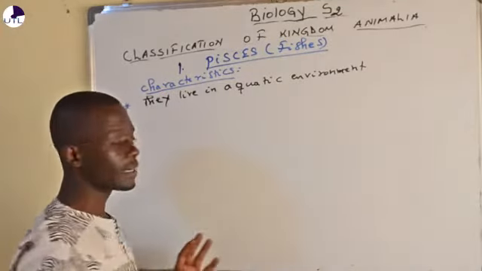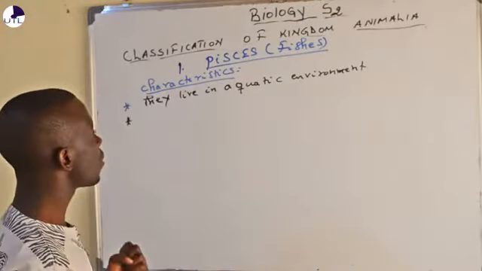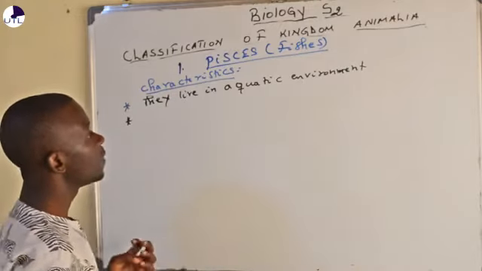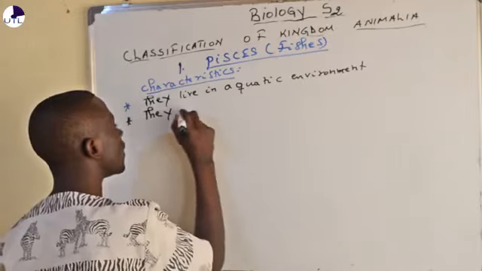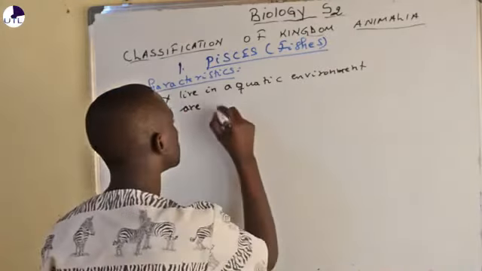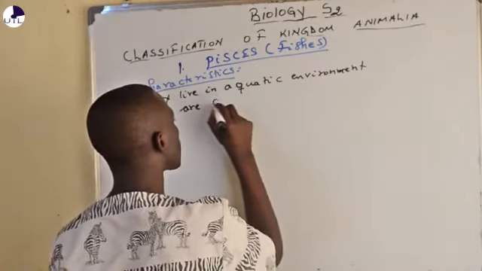The second characteristic of these organisms under the class of fishes is that they are cold-blooded.